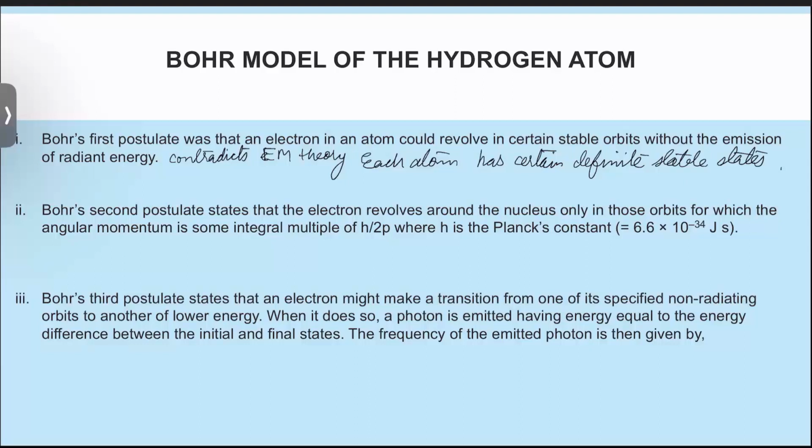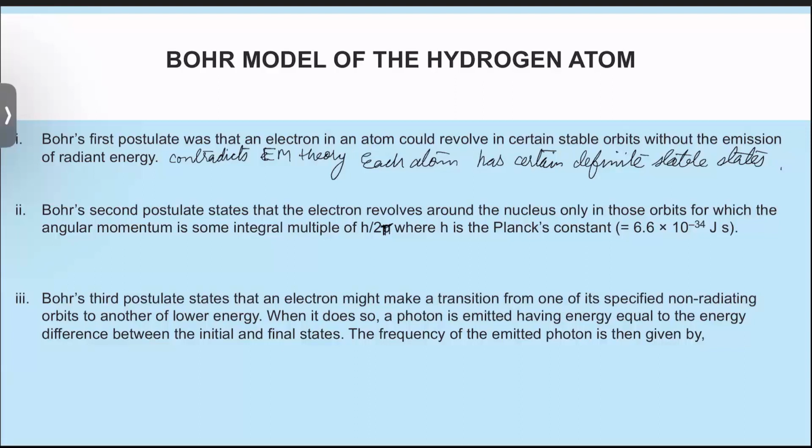As per Bohr's second postulate, the electron revolves around the nucleus only in those orbits for which the angular momentum is some integral multiple of h by 2 pi. Sorry, this is actually pi, where h is Planck's constant.